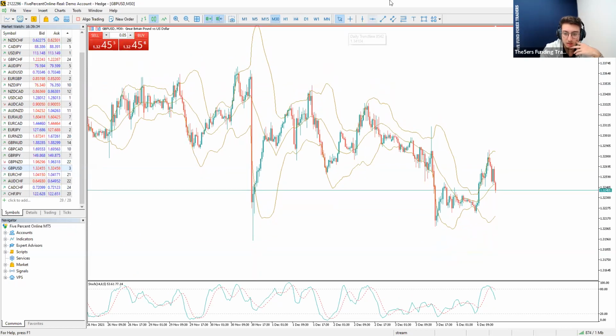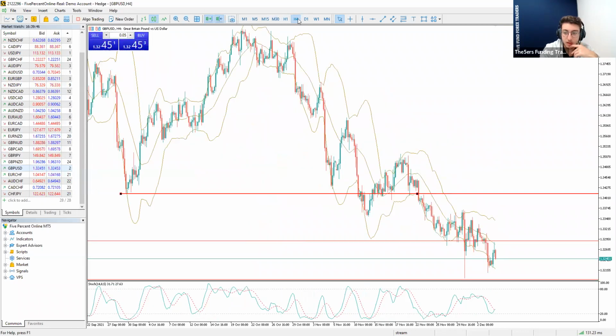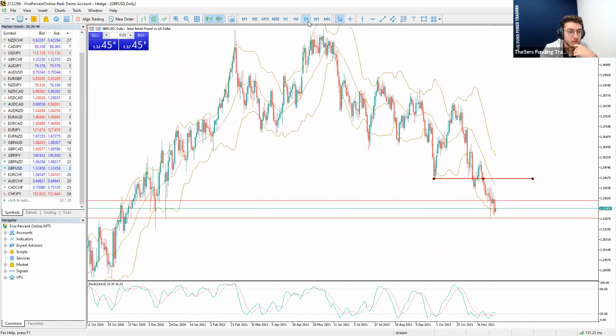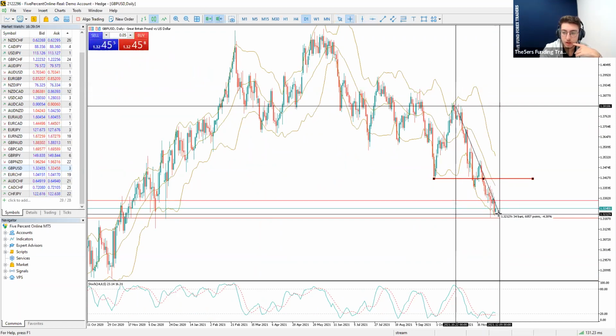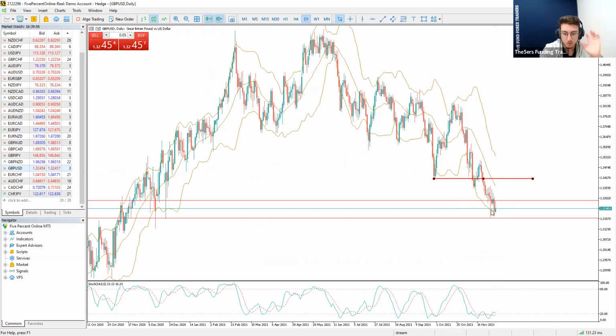Okay, and you already know that if we expect that point on the M30, it will come back again and consume again. Yeah, that can be a nice setup to wait for a retracement and go short, but again, the price already moved, I don't know, 600 pips without a big retracement.